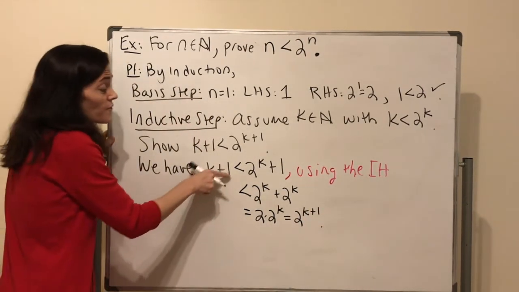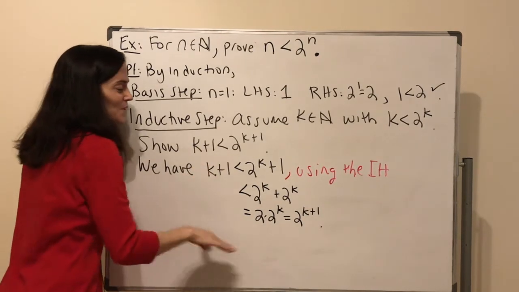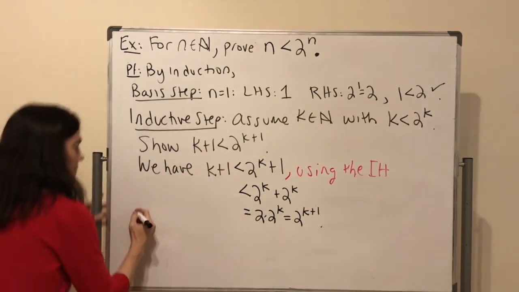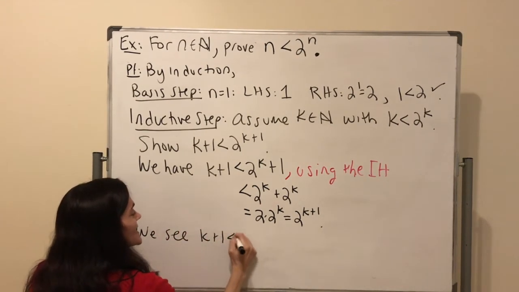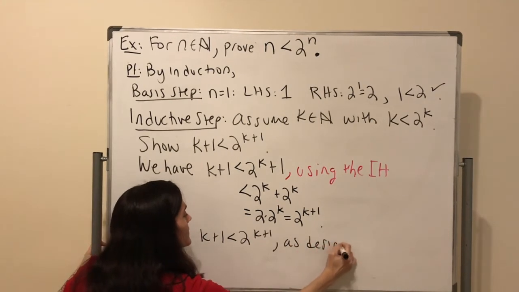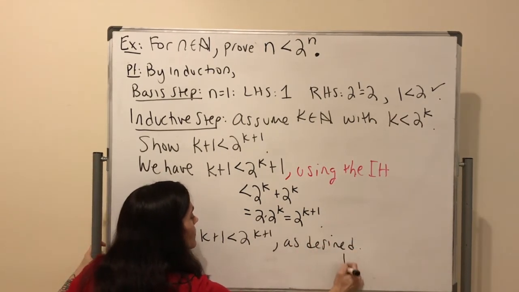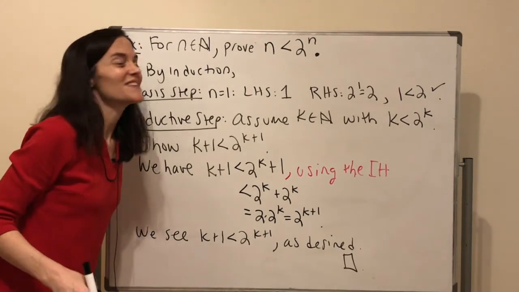So if you follow, we have a string of less thans and equals. Altogether, we see k plus 1 is less than 2 to the k plus 1, as desired. And this is the end of this proof by induction.